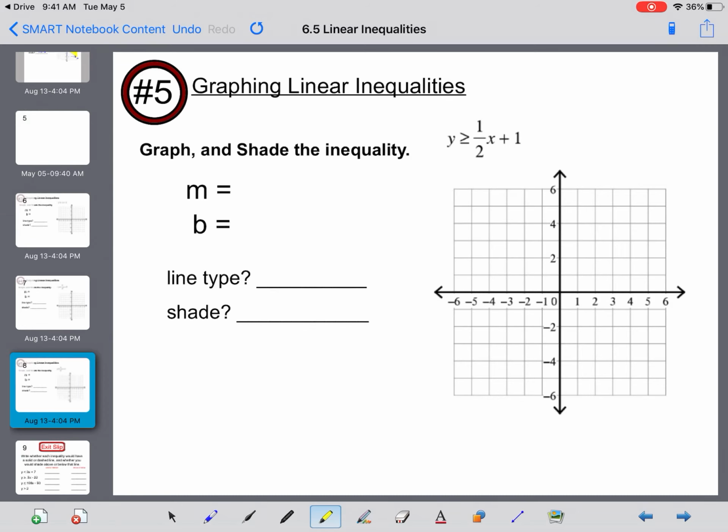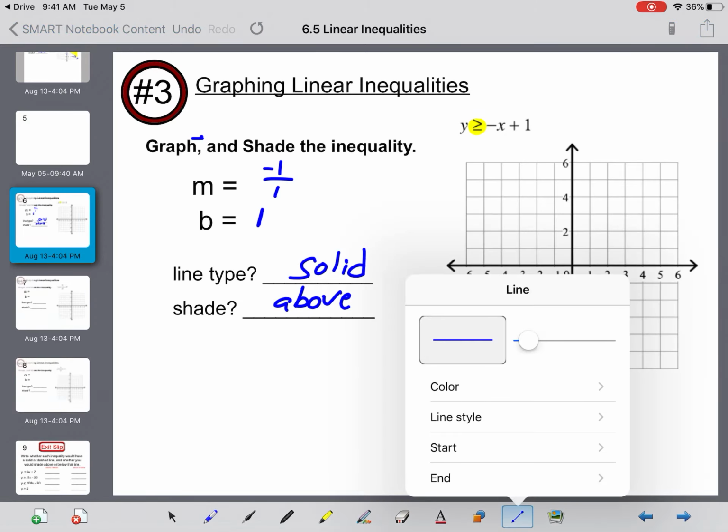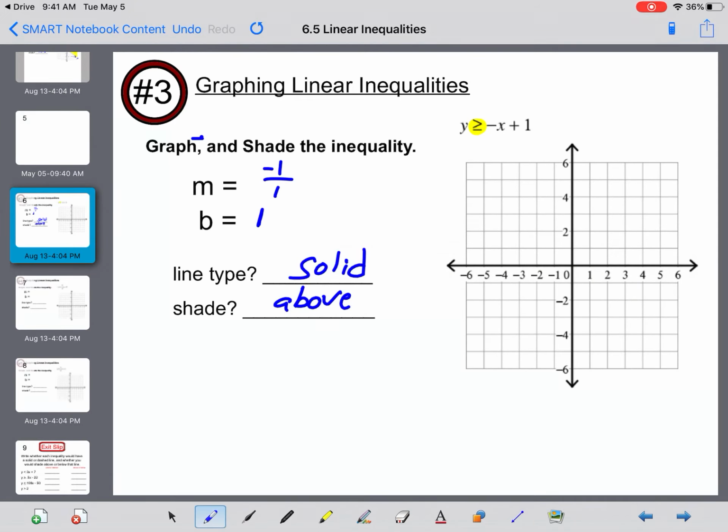Okay, as you can see, for the remaining questions, all the same. So we're just going to keep plugging away. M, this time we have a negative x that's really negative 1 over 1. And our b value is a positive 1. Line type for greater than or equal to is solid. And we are going to shade above. Okay, so I'm going to start at a positive 1.